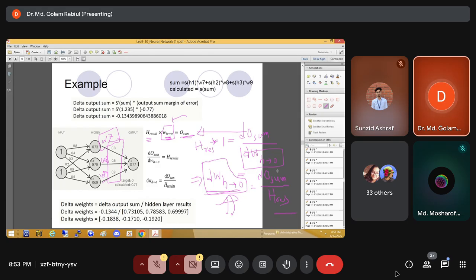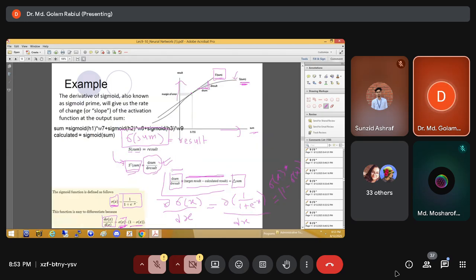Now, delta O sum is the delta output sum. Delta output sum is the derivative of the sigma of the sum times the output sum margin error. We have already discussed it here: this is delta sum by delta result, the derivative of the sigma of the sum, times target results minus calculated results.